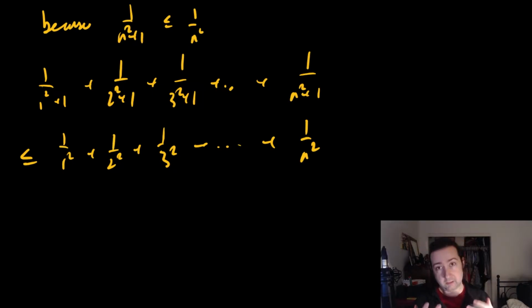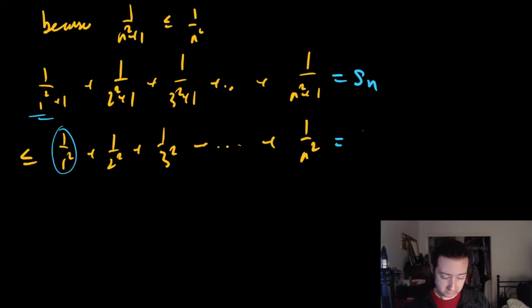That is, each term in this series is smaller than the corresponding term in this series. And so what that means is that this partial sum, say we call this S n, and just for kicks we'll call this sigma n, for any n, the partial sums of the sequence we're interested in are less than the partial sums of the sequence we know about.